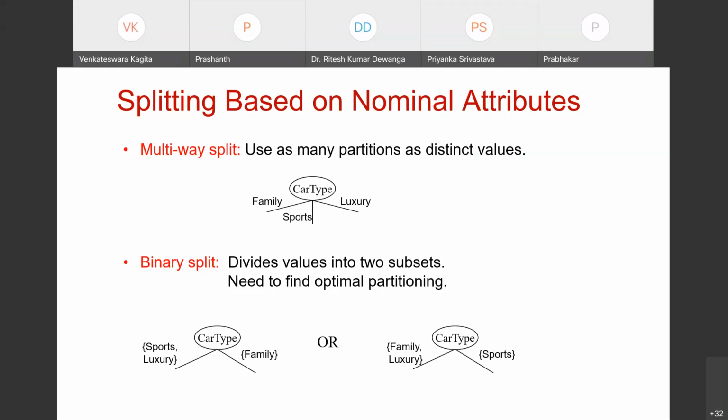Binary split means we divide the data into only two subsets. So we need to find the optimal partitioning here. Whether you have to split family, sports versus luxury, or sports, luxury versus family, or family, luxury versus sports. You have to see all the possible combinations. Binary means two go on one side and one on the other side. So you need to determine the optimal partition.